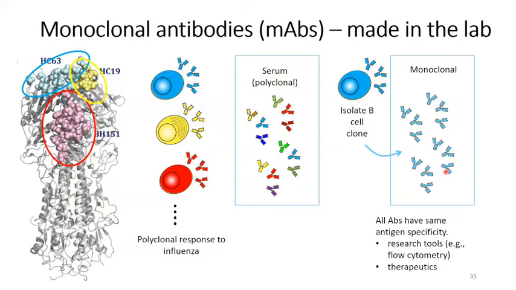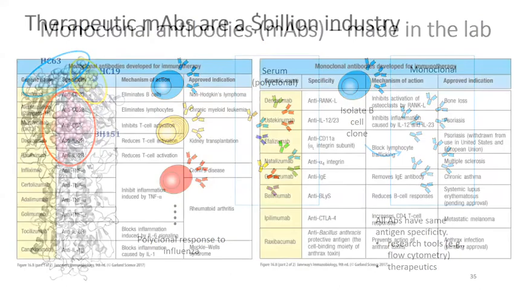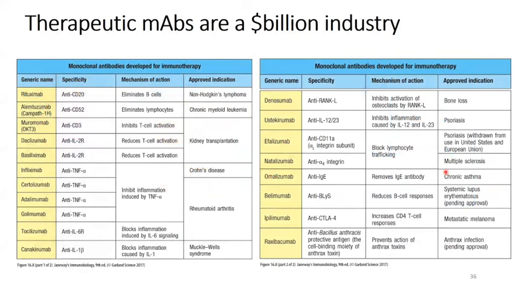And these are very useful, not just as tools in the lab, but they're very useful therapeutic agents. And in fact, therapeutic monoclonal antibodies are now a $1 billion industry. And there's a table here from the Janeway book that just shows you some of the kinds of monoclonals that are made. And a lot of them are against pro-inflammatory cytokines, which are designed to bring down inflammation and autoimmune diseases, that kind of thing.